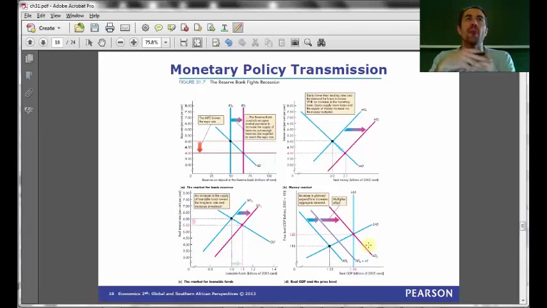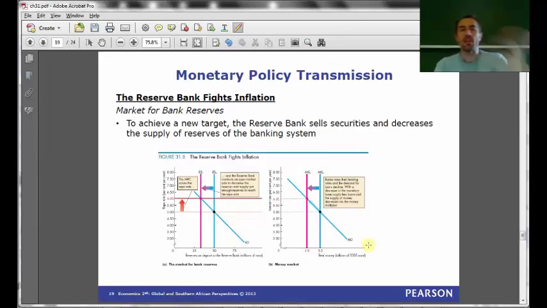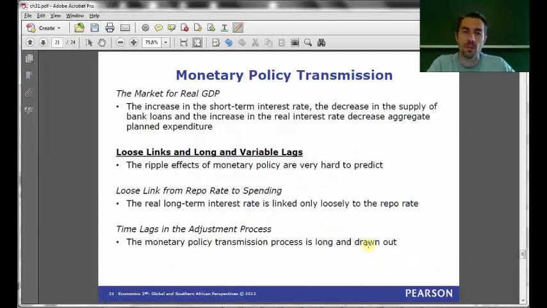So here we have monetary policy reacting to a recession and trying to promote output growth. Cool? Great. And then obviously when the Reserve Bank fights inflation, I'm not going to go through it again, it's going to be the opposite of everything else we just spoke about.